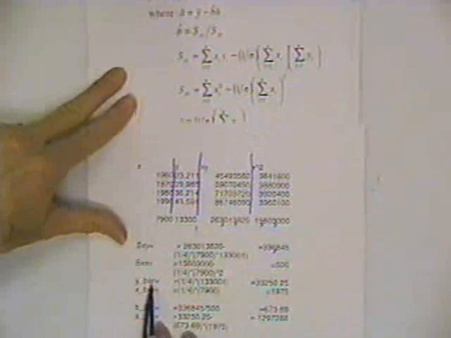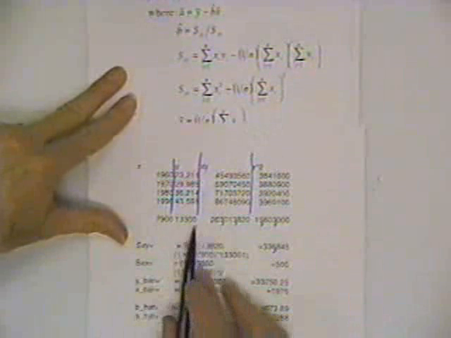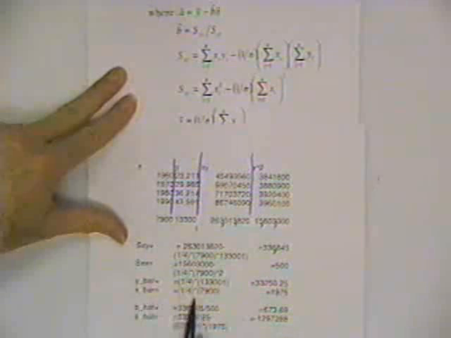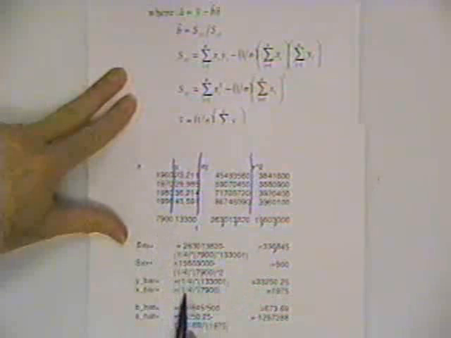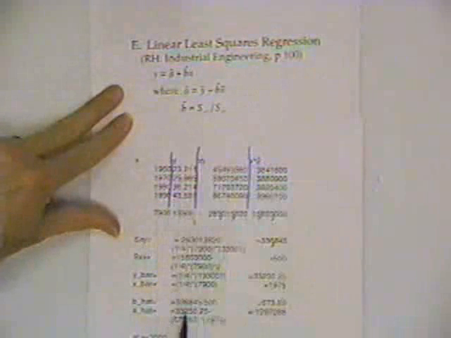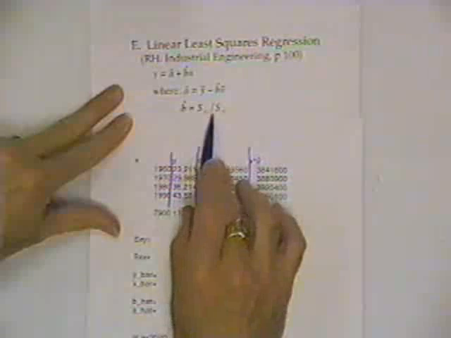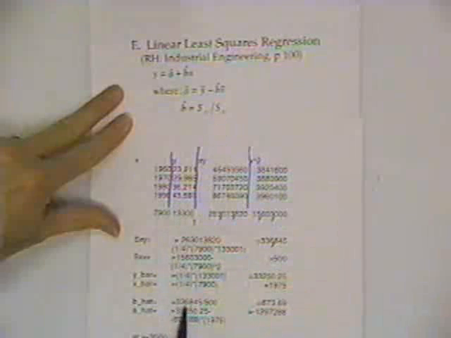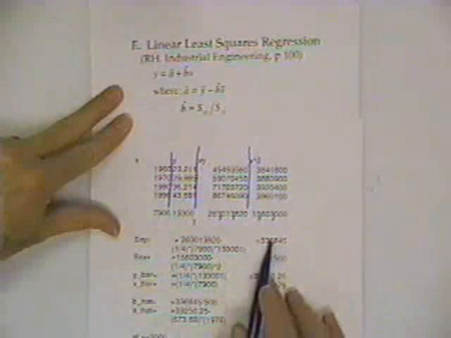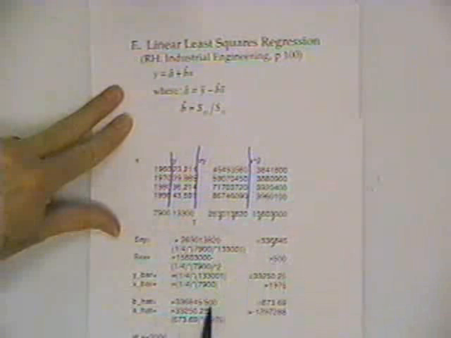Then calculate Y bar, the average, which is the summation of the Y's divided by the number of data points. You get that. Get the average X, the summation of the X divided by the number of data points, 4. You get 1975. Then you can calculate B hat, the slope of the linear function, as SXY divided by SXX, which you calculate as that number.